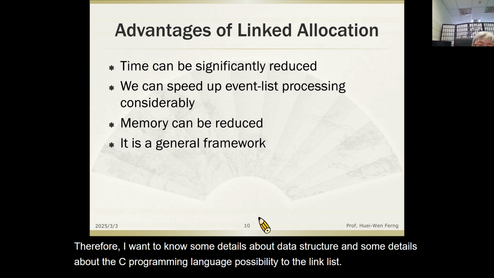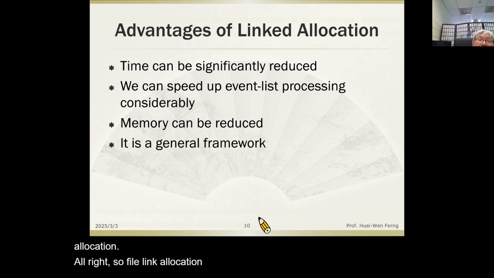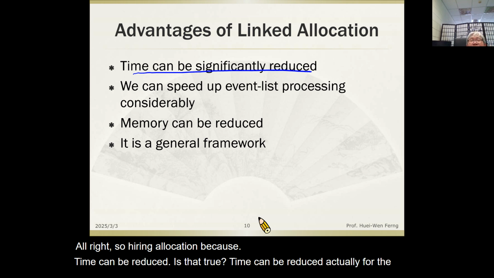All right, and right now, let me let you know the advantage of linked allocation. So why linked allocation? Because time can be reduced. Is it true? Actually, for the processing, possibly time can be reduced.